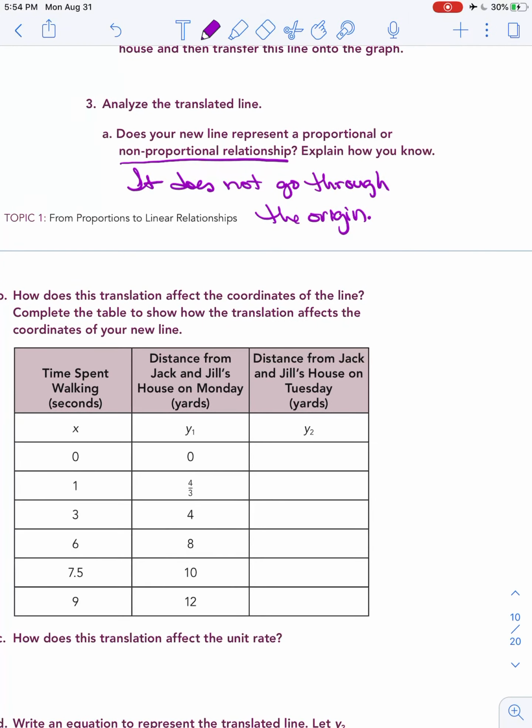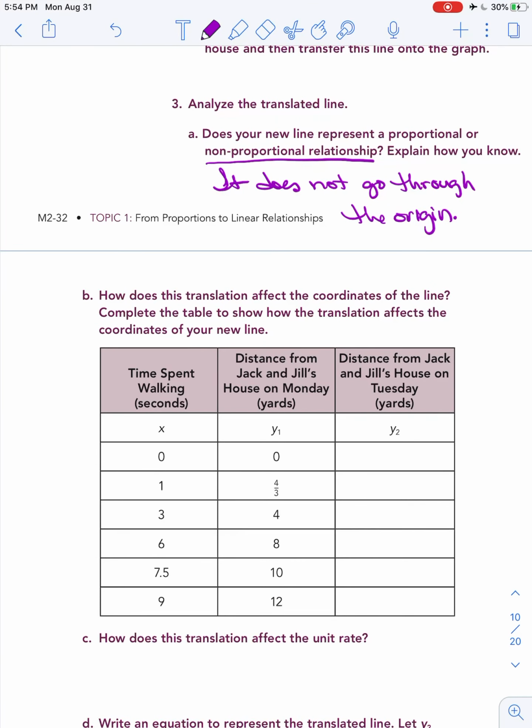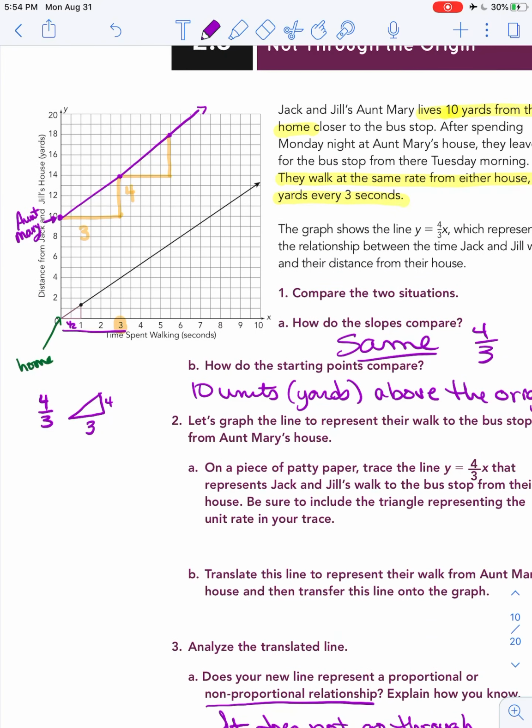So let's come over here. Now, I'm actually going to highlight this right here. That's the first line. That's this line right here. Why? You know what? I'm going to erase that and I'm going to use a different color.